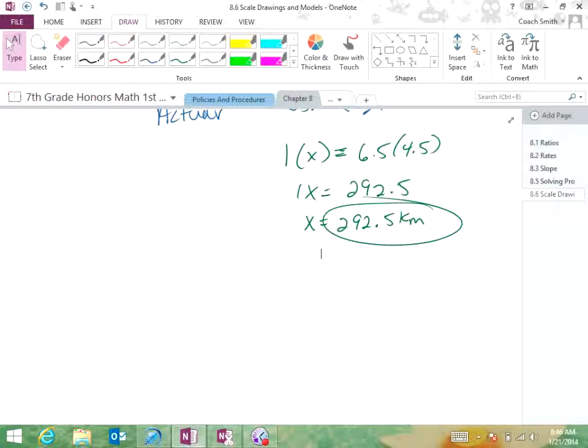All right, everybody turn to page 402. On page 402, I want you to look at number 12. Number 12 says, we're talking about model airplanes. It says, the scale used to build scale models of 4 airplanes is 1:72.